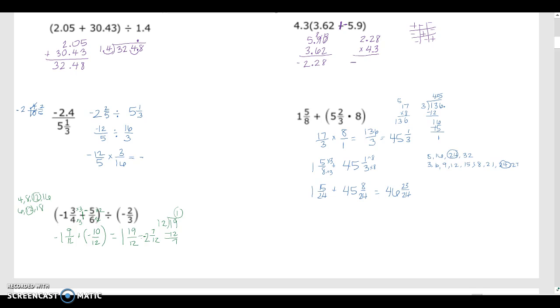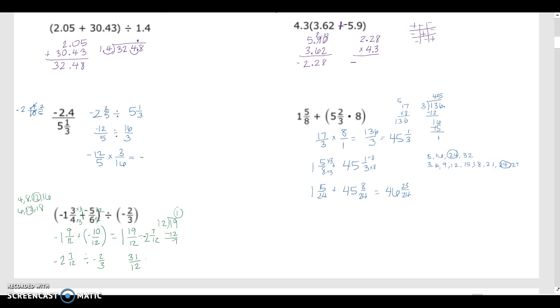So now I'm going to do negative 2 and 7 over 12 divided by negative 2/3. Well, I can't divide with a mixed number, so I need to change it to an improper fraction. So 12 times 2 is 24, plus 7 is 31 over 12.